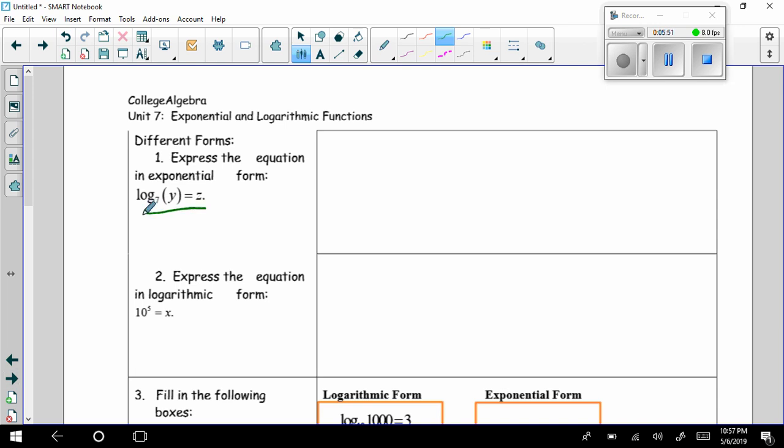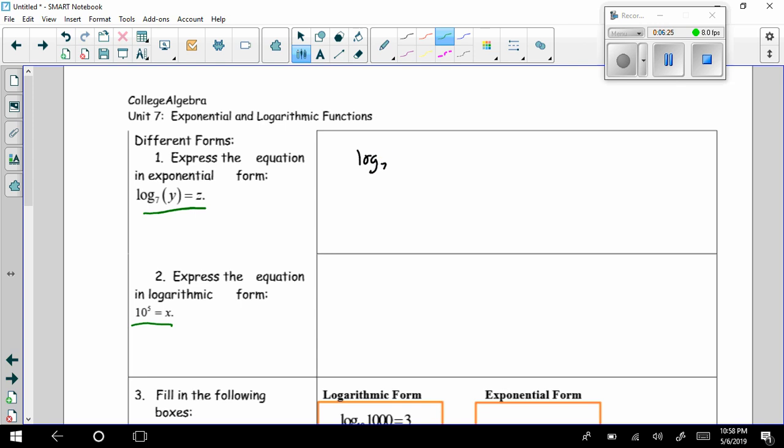All right, so just practice moving back and forth from one to the other. Again, if I have log base 7 of y is equal to z, I'm going to start with my base. A log is equal to my exponent, so I'm going to make it equal to what I'm taking the log of. Sorry, let me back up here. Just realized I wrote that wrong.